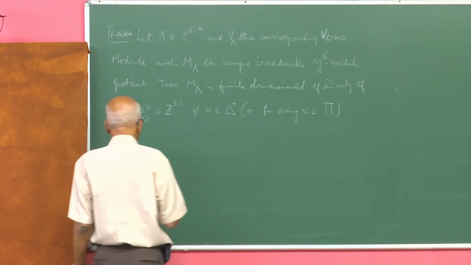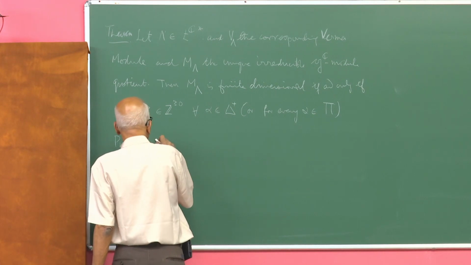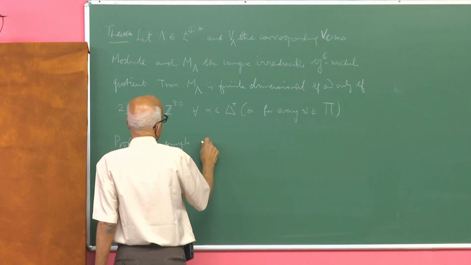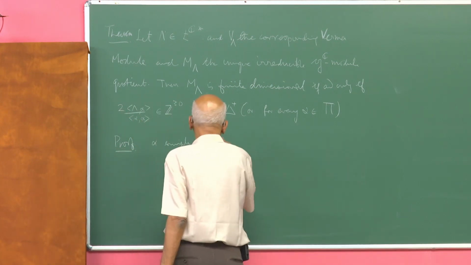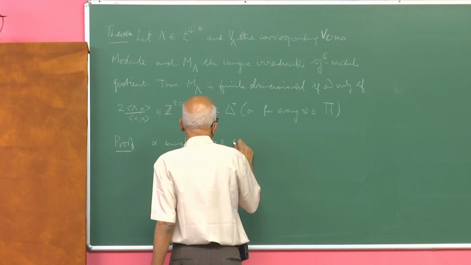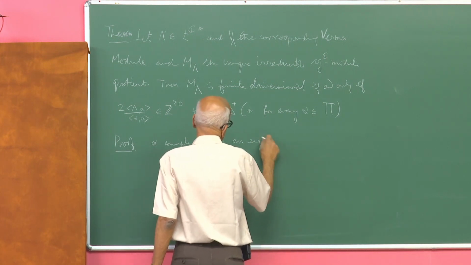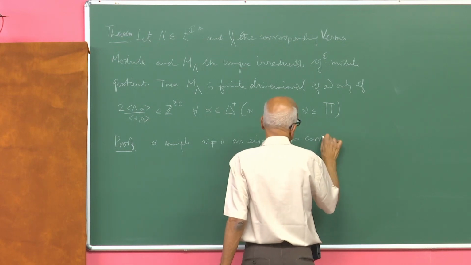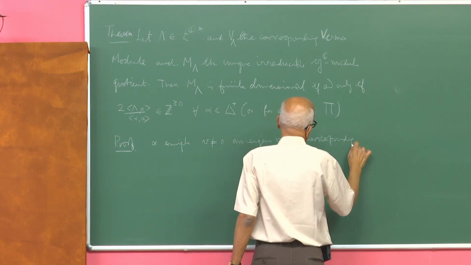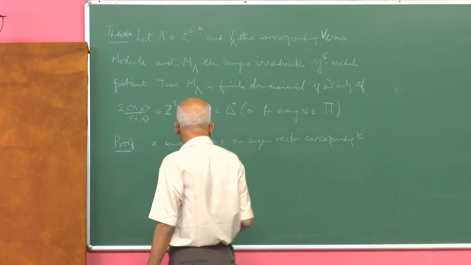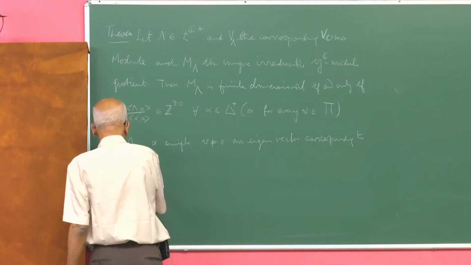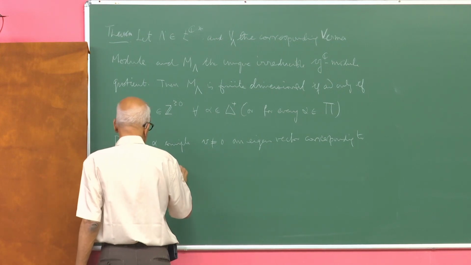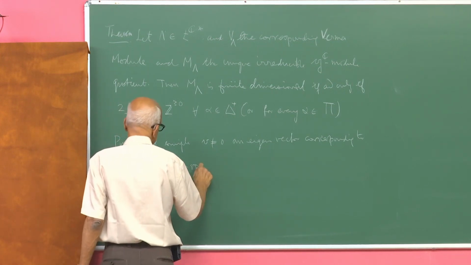First thing is to note, if we look at α simple and v not equal to 0, an eigenvector corresponding to λ. Notice the corresponding eigenspace is one dimensional.